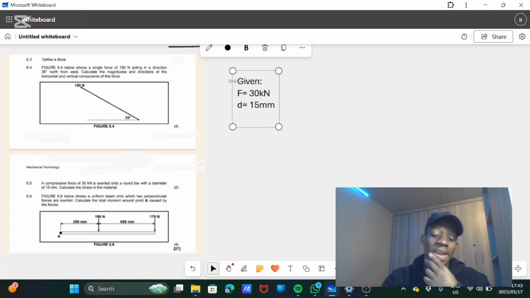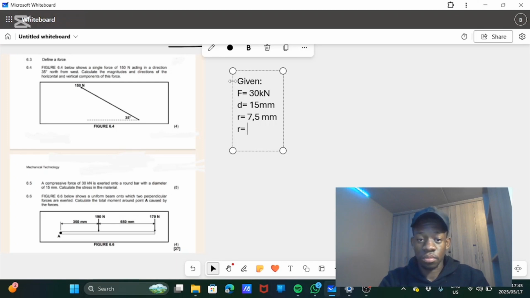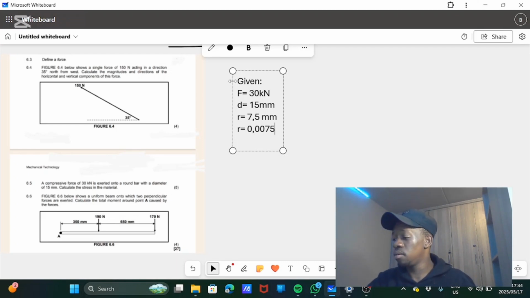That means our radius is going to be 7.5. Now this is how we calculate.